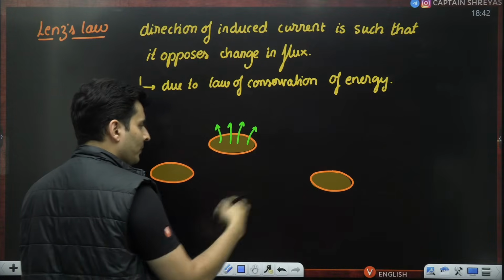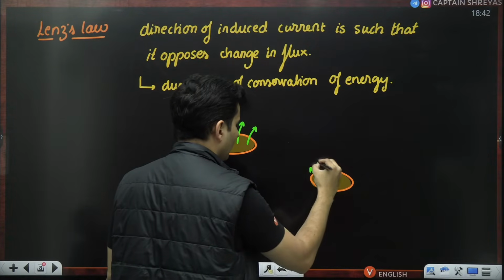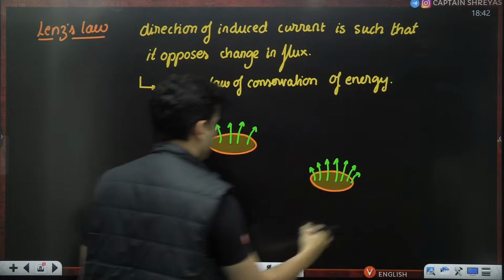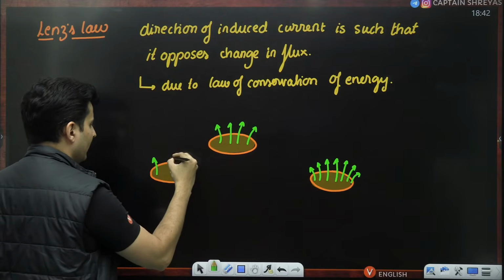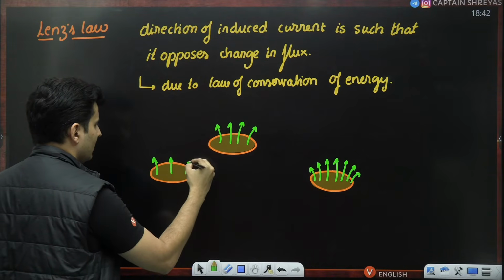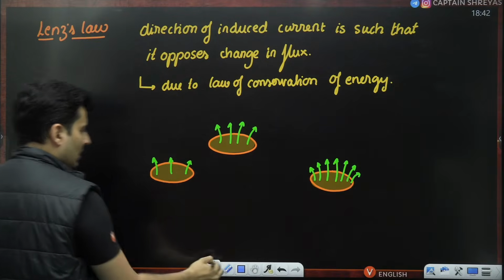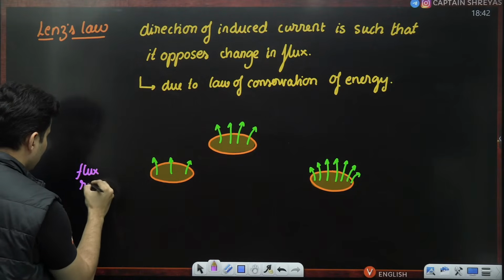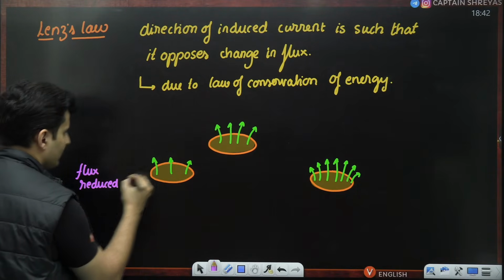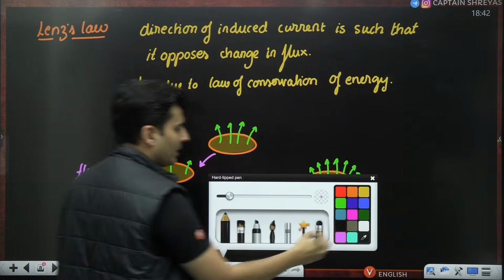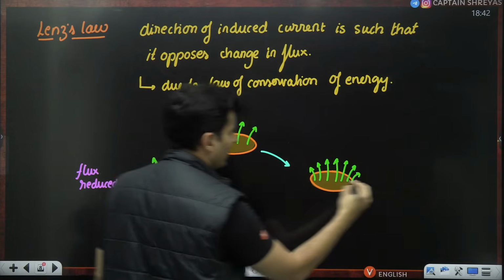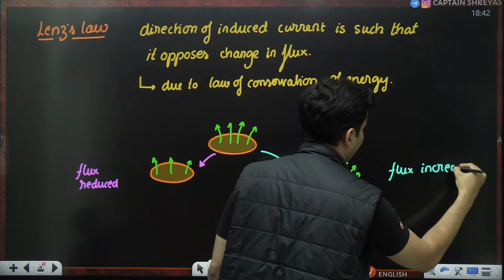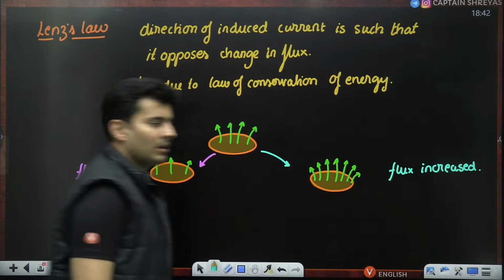This was before. Afterwards, the amount of magnetic field increased. Here, the magnetic field has basically reduced. So clearly, in this scenario the flux reduced, whereas in this scenario the flux has increased.